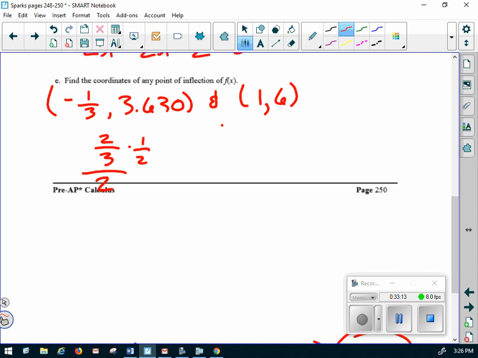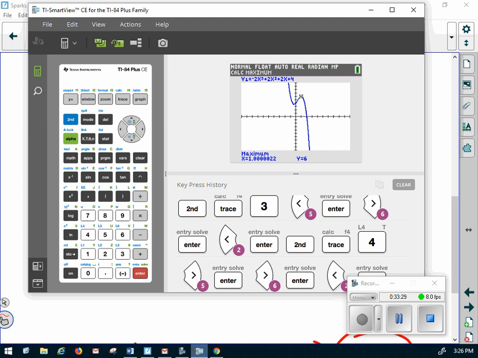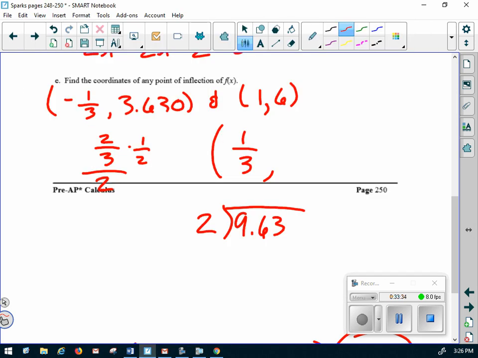What's that, 1/3? So the x value of your point of inflection is 1/3. 3.63 plus 6 is 9.63 divided by 2. What's 9.63 divided by 2? Fiddle, surely I don't need a calculator to do that. 4.815.